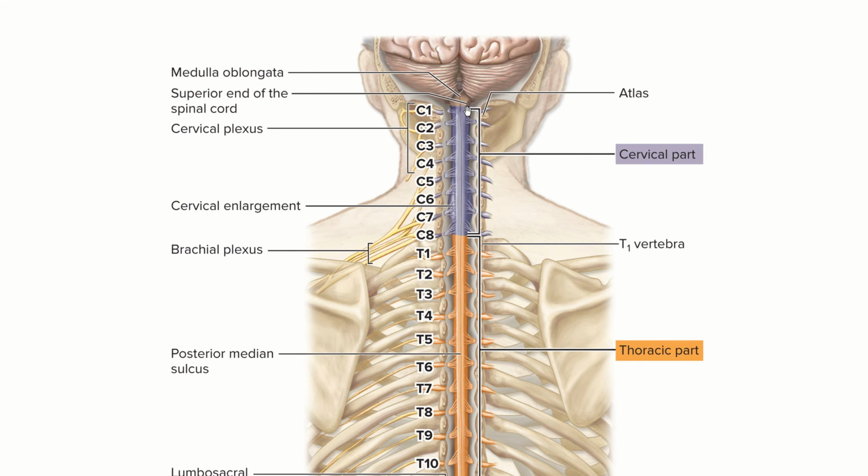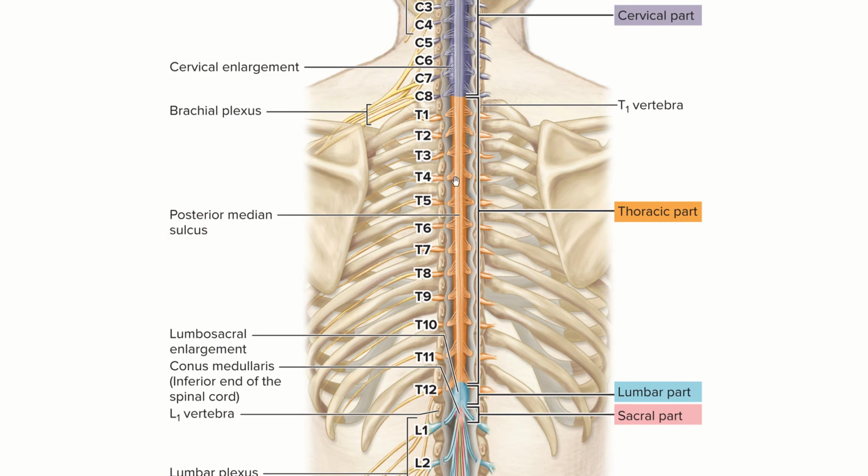The first pair of cervical nerves exits superiorly of the atlas, so it's between the occipital bone and the atlas. All other spinal nerves will exit inferiorly to their corresponding vertebra. So that adds an extra pair of nerves to the cervical pairs.